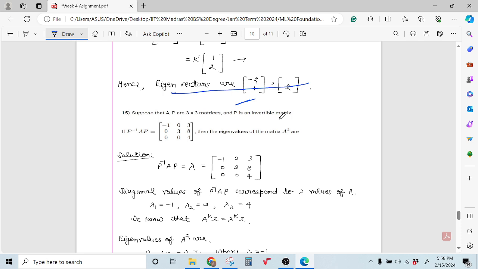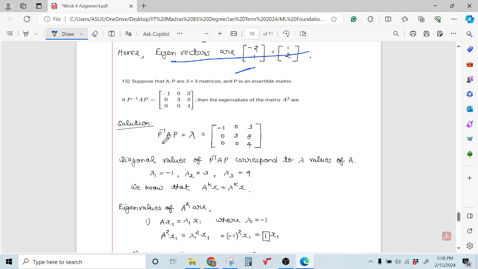Let us solve the 15th problem. Suppose that A and P are 3 cross 3 matrices, and P is an invertible matrix, and if P inverse AP is equal to this matrix, then the eigenvalues of matrix A square are. We have seen that P inverse AP is the diagonal matrix with entries minus 1, 3, 4.